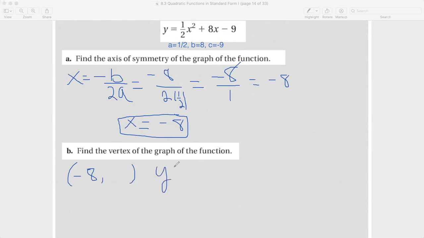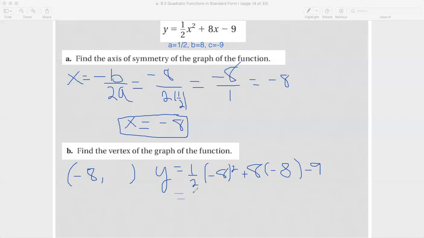So let's go ahead and find the y value. y equals 1/2 times -8 squared plus 8 times -8 minus 9. All right, let's get a new color to clean up. Purple.